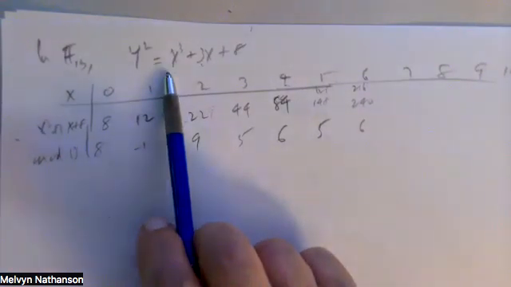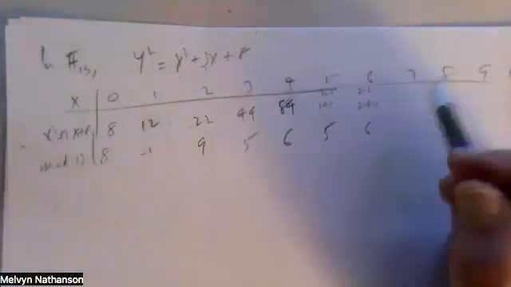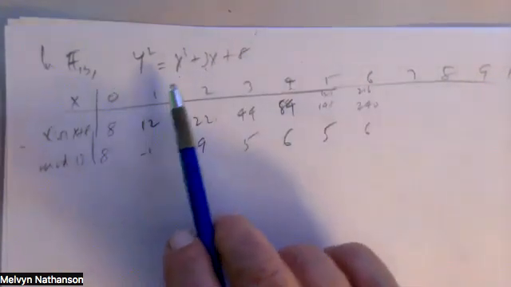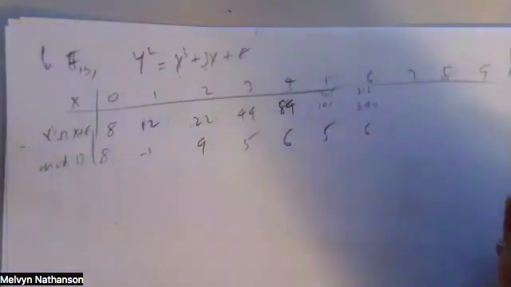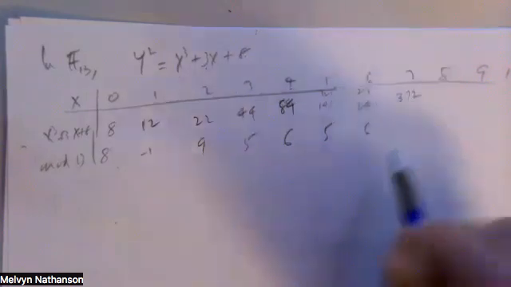7 cubed is 7 times 49, that's 343, plus 21 is 364, plus 8 is 372.